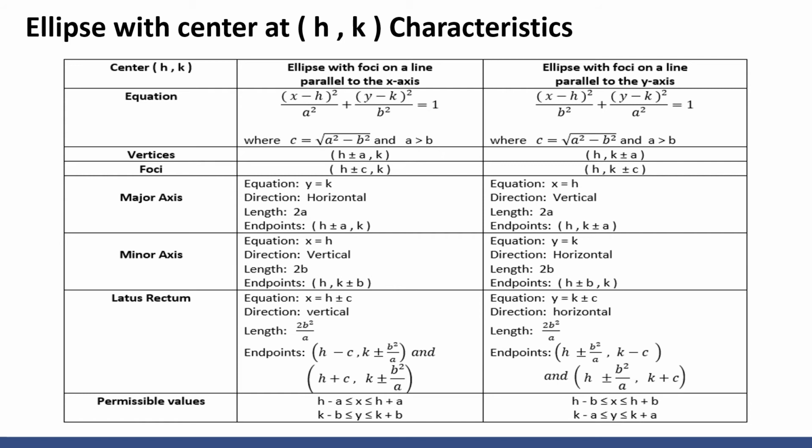Now, for the vertices, at first we have the coordinates h plus minus a, then k, and the other is h and then k plus minus a. For the coordinates of the foci, we have h plus minus c, k, and then the other is h, k plus minus c. To get the coordinates or endpoints of the major axis, we have h plus minus a, then k, and the other is h, then k plus minus a.